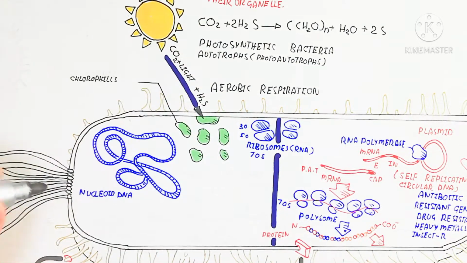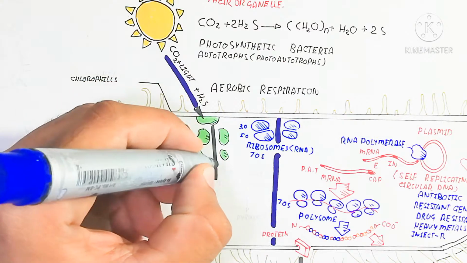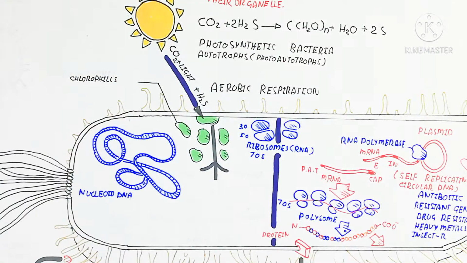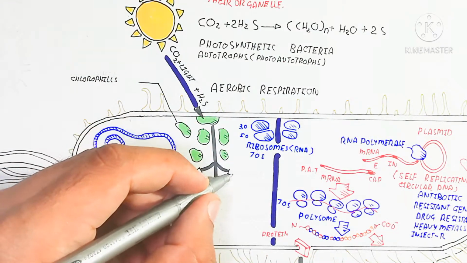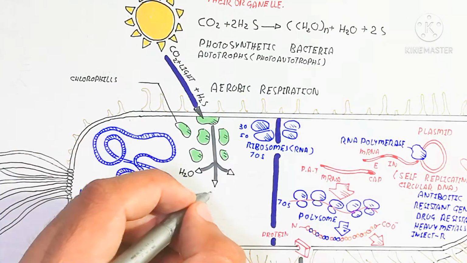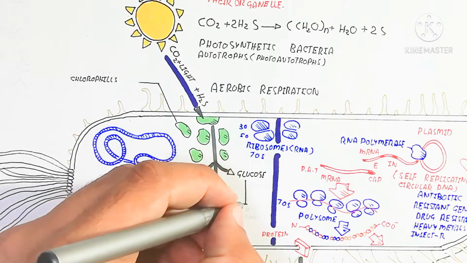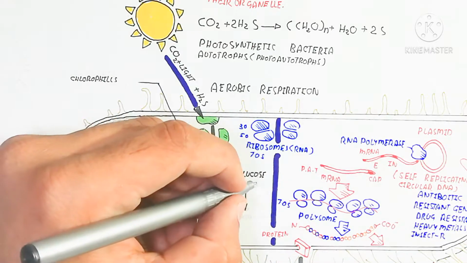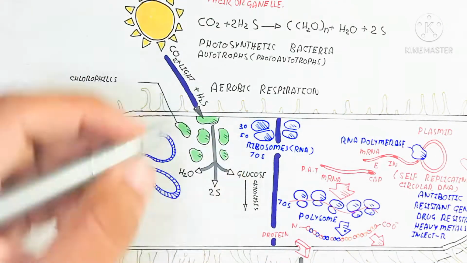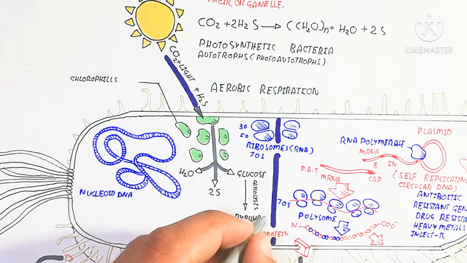Here aerobic respiration is also used with oxygen to produce ATP. But here we can say that glycolysis will occur. So here is the production of water, sulfur and glucose. This glucose is going to produce ATP from glycolysis, and NADH.